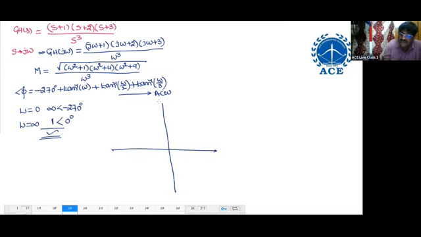Start at minus 270, end at magnitude 1, like this. Give the direction.